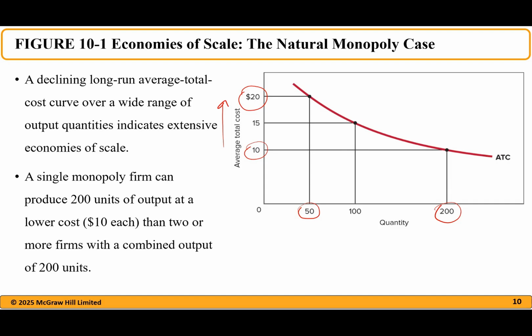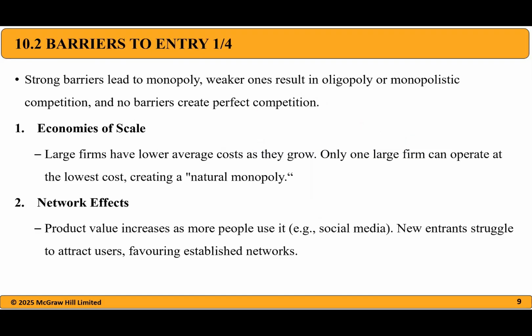This is a feature which actually happens in case of economies of scale. A monopoly can have some economies of scale which are not possible with other companies like competitive ones.